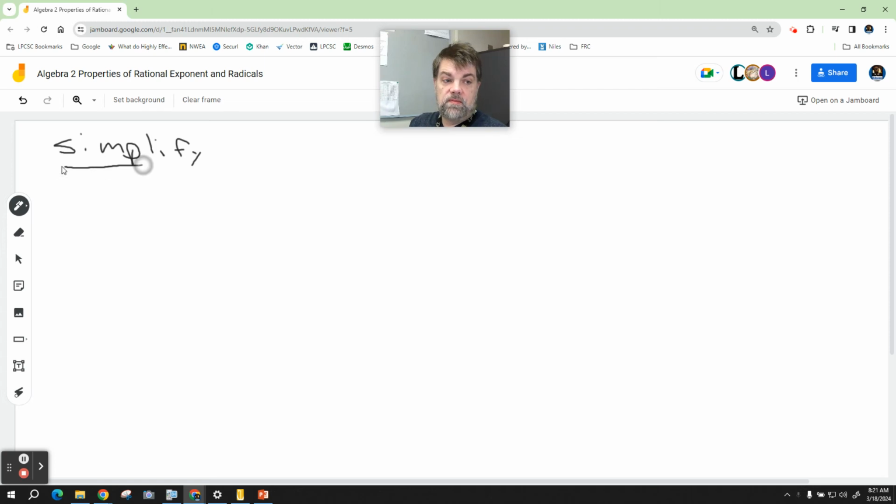So we've simplified radicals before, but this is one other thing that we would do. Remember, we can't have a square root in the denominator of a fraction. And before, we would rationalize the denominator by multiplying by the square root of 3.